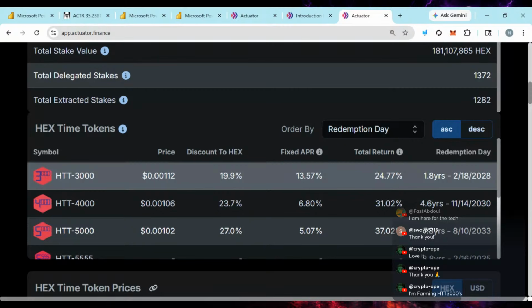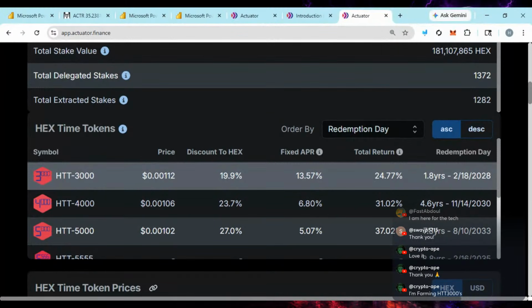So in a very succinct way, if you're interested in HEX and you're interested in obtaining more HEX, this is another avenue to be able to get additional HEX, because when people see really steep discounts, they may go swap into HTT 3000s.